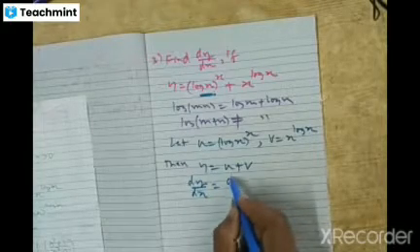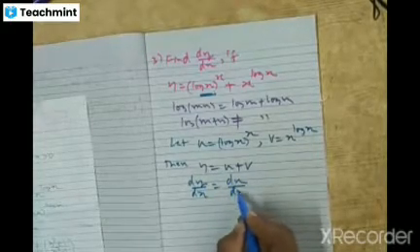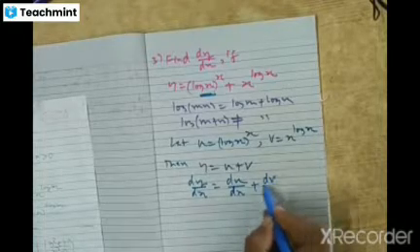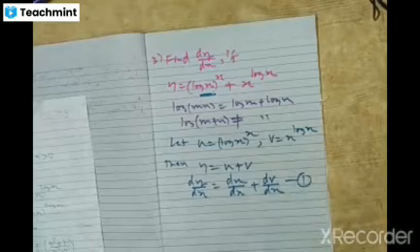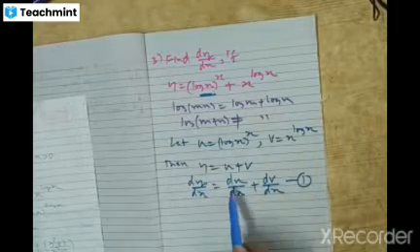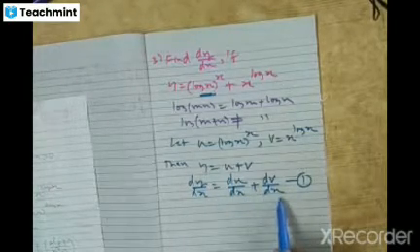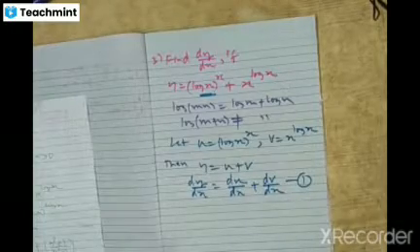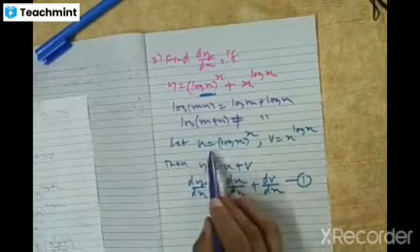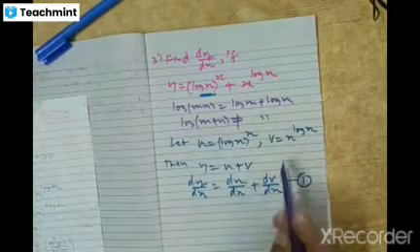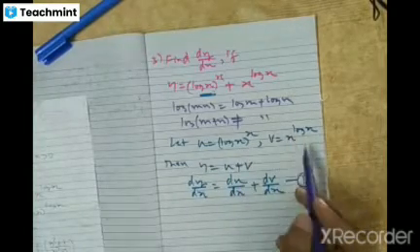Dy by dx is du by dx plus dv by dx. Correct. So I will take this as equation 1. Now we shall find du by dx using this and dv by dx using this separately.